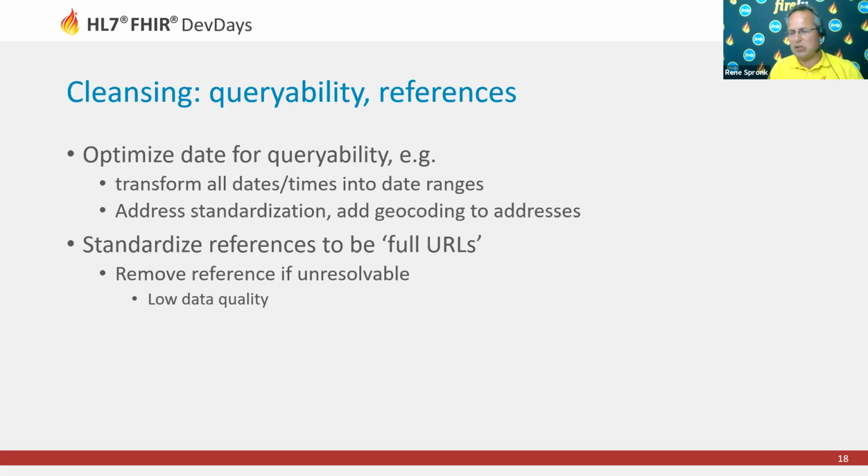And another thing that's in the same area is the references. Could be relative URLs, could be to contained resources, etc. So some systems actually remove or replace basically all references by absolute full URLs. And if they cannot resolve the URL, then it's garbage and it just needs to be removed because it's a sign of low data quality.